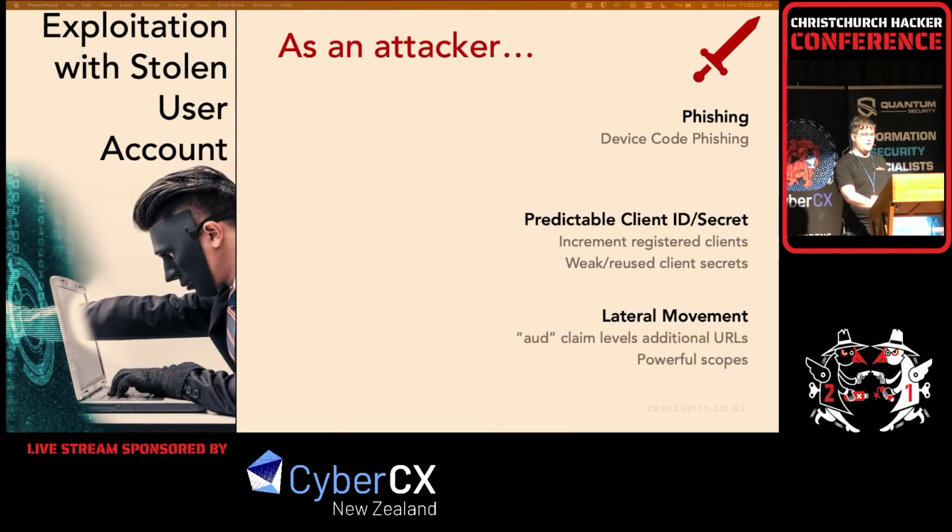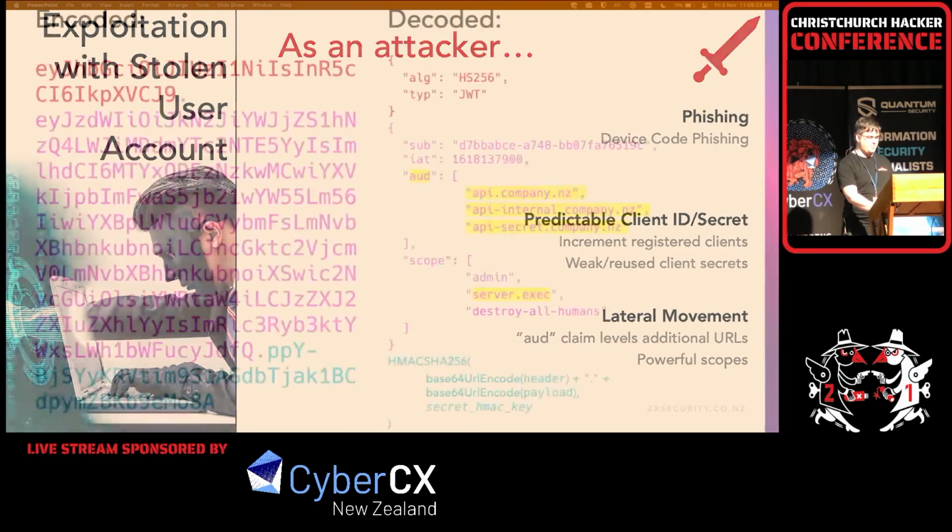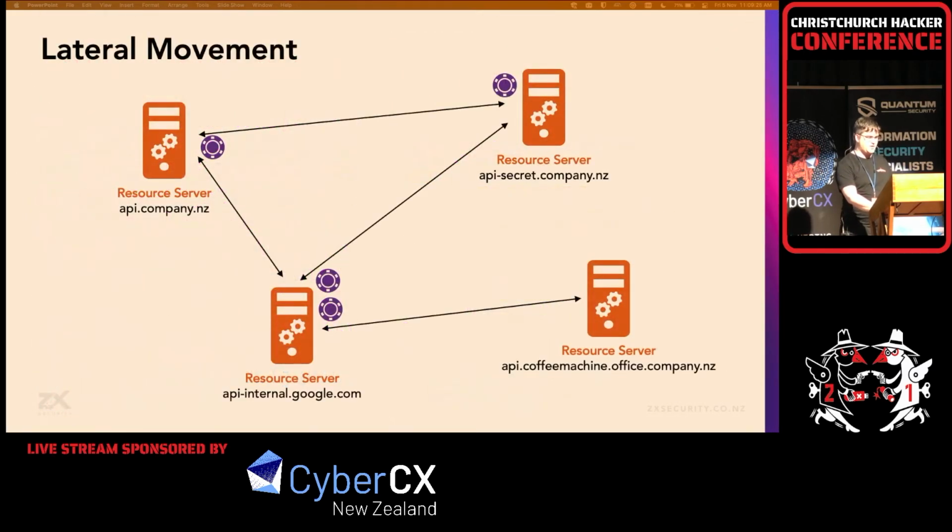And lastly, we've got lateral movement as well. I will skip very briefly over this because I'm running a little bit over time, but long story short, if we manage to get access to a resource server, but multiple resource servers are trusted with a specific JWT, we can, say, hack this particular server, watch different JWTs whizzing around, but they're the same value. The JWT's accepted in all of these various different servers.